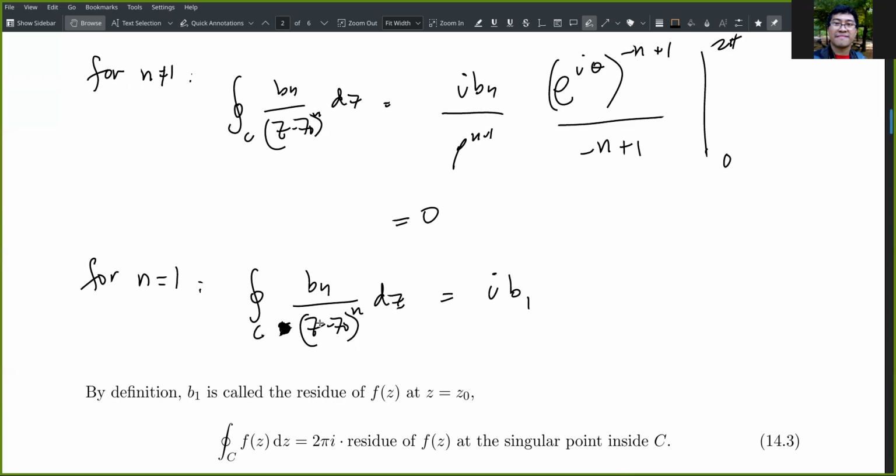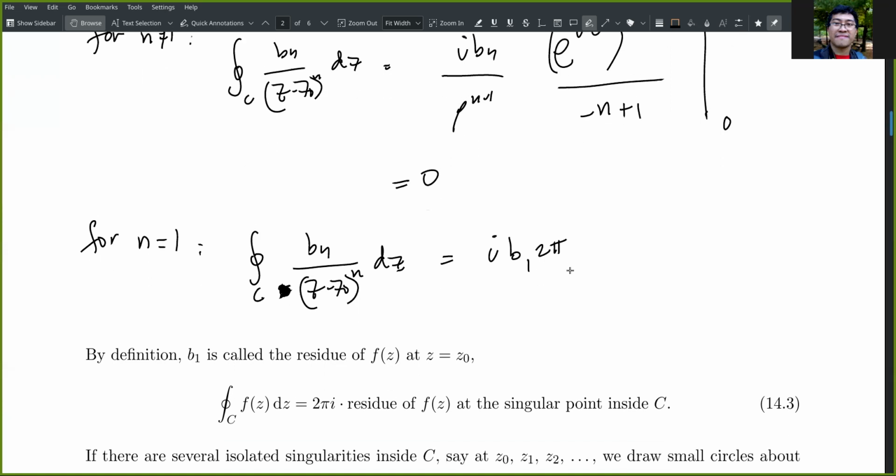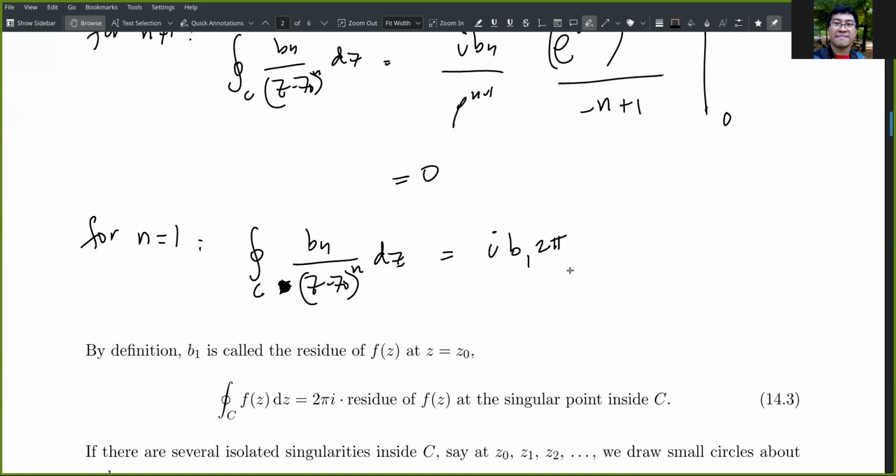By definition, b_1 is called the residue of f(z).